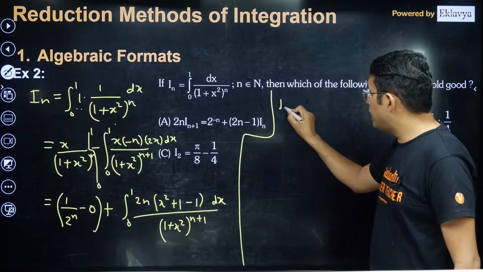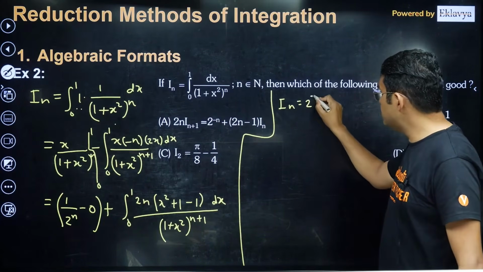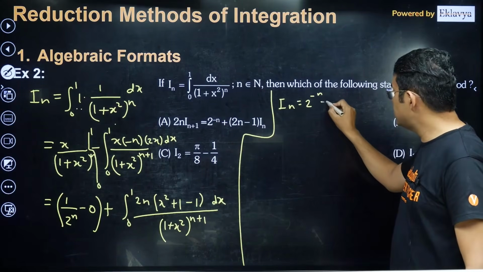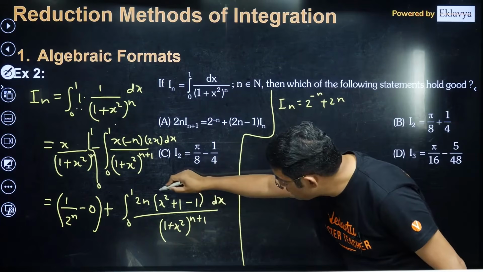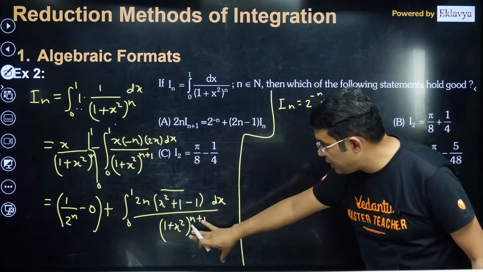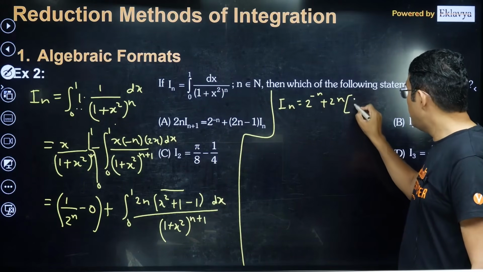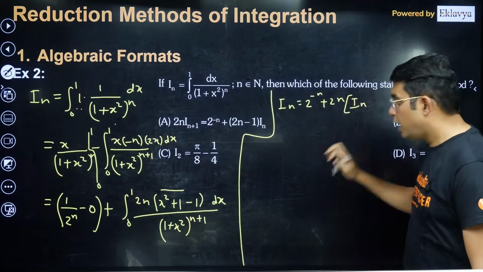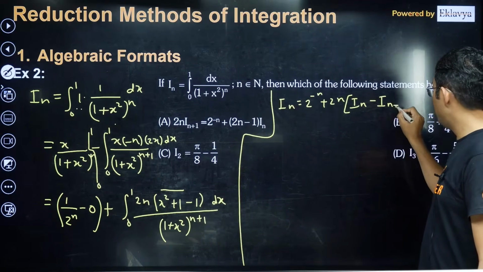So this In is coming out to be 2 power minus n, plus 2n if I take common outside. So x square plus 1, if I write it separately, divided by (1 plus x square) power n plus 1, I think this will give you In only, minus it will be In plus 1.